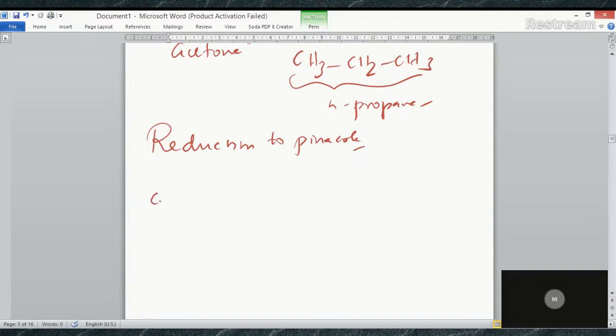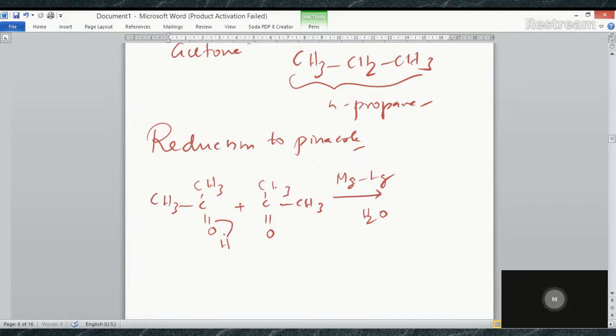Take a first molecule of acetone, CH3 C CH3 double bond O, and a second molecule, CH3 C CH3 double bond O. The reaction takes place in presence of magnesium amalgam and water, H2O. In stage 1, when you supply the hydrogen, the pair of electrons is available.